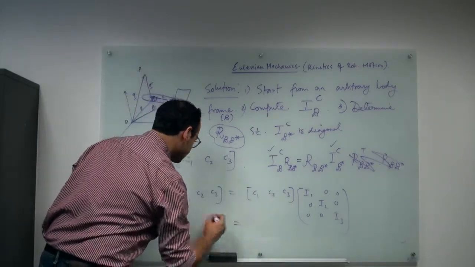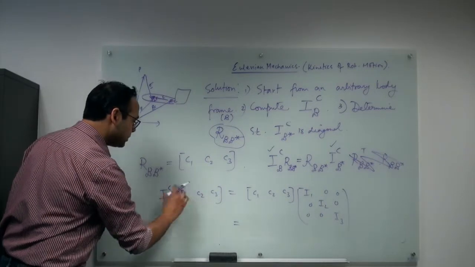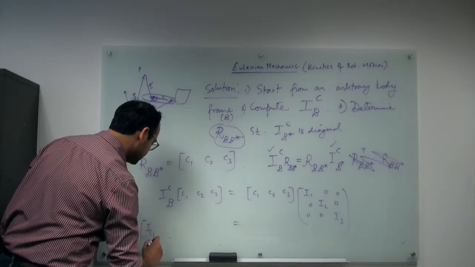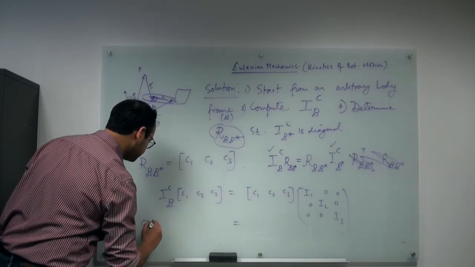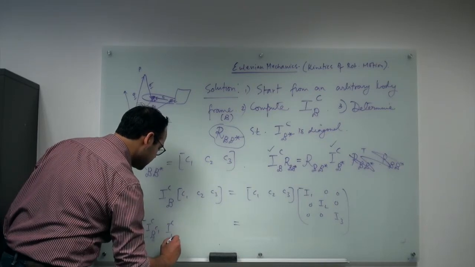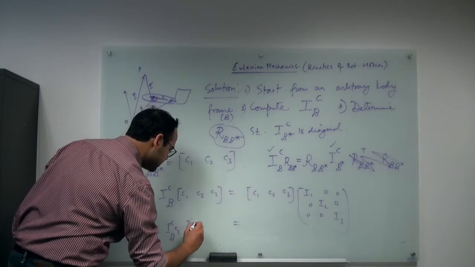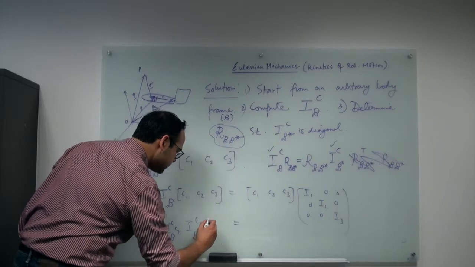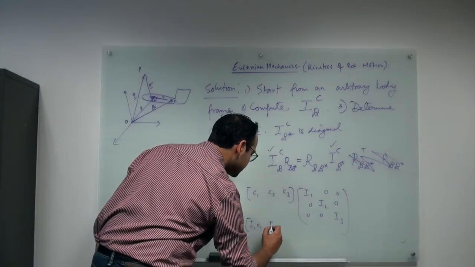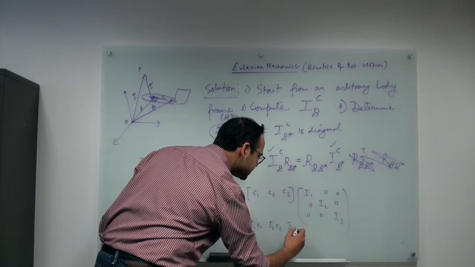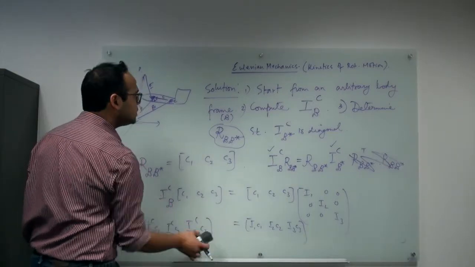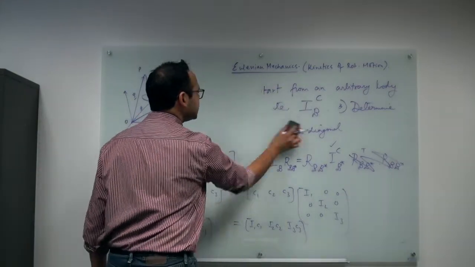When you do the multiplication, the first column of the multiplied matrix is I^C_B C1, then I^C_B C2, and I^C_B C3 is equal to, carrying out this multiplication here, I1 C1, I2 C2, and I3 C3. Right? And so the columns should match on both ends.